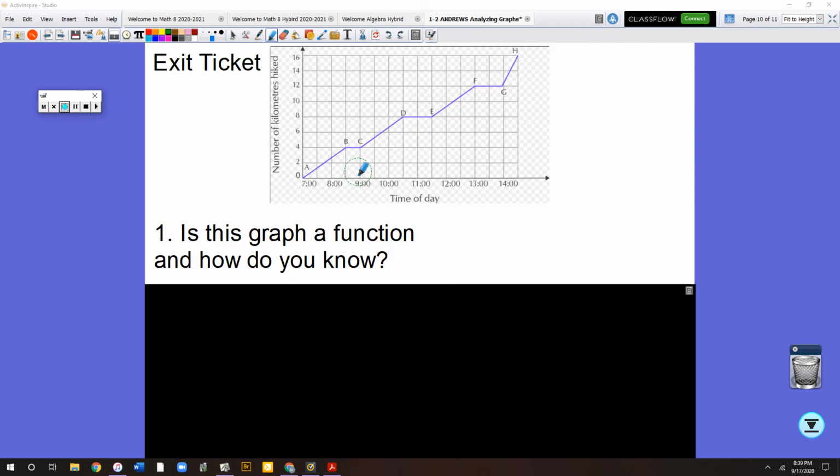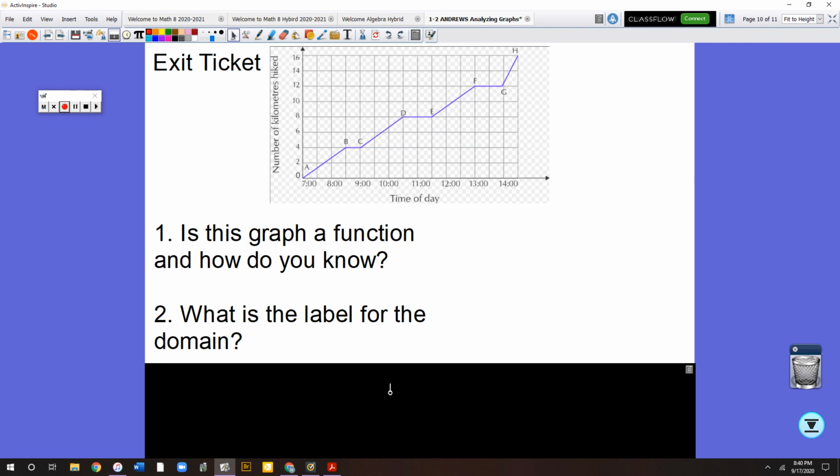Let's take a look at this function here, this graph. Is this graph a function, and how do you know? What is the label for the domain?